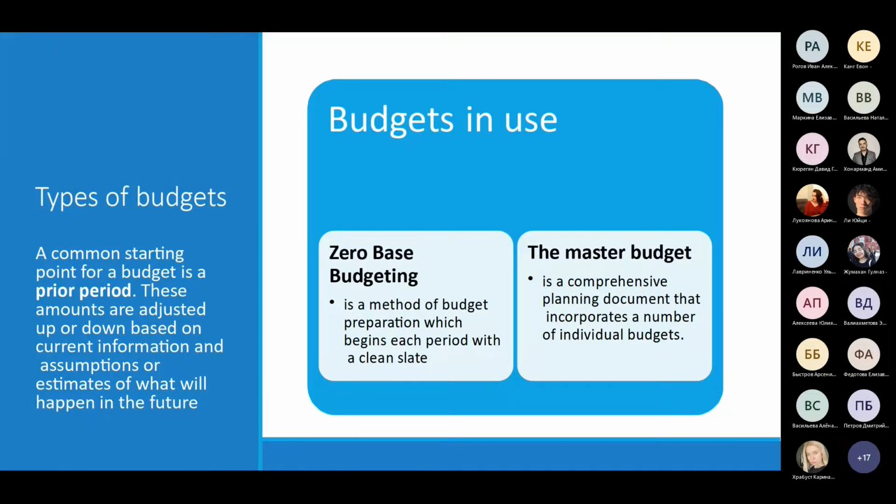The usual business approach is to prepare the budget based on prior information, and this is the master budget approach. The master budget is a comprehensive planning document that incorporates a number of individual budgets related to special parts of the production process.